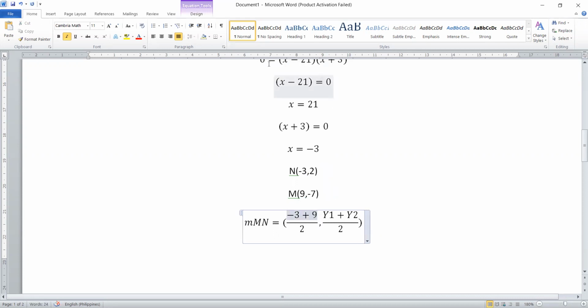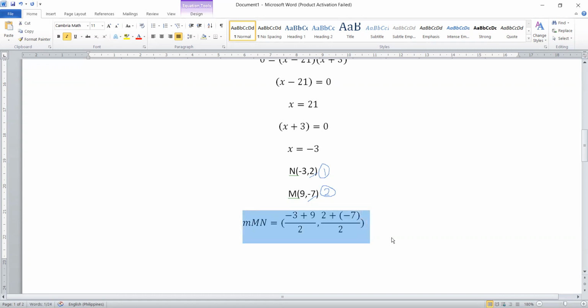Next, you'll have there y1 plus y2. So you have 2 and negative 7. So you have to write here 2 plus negative 7.